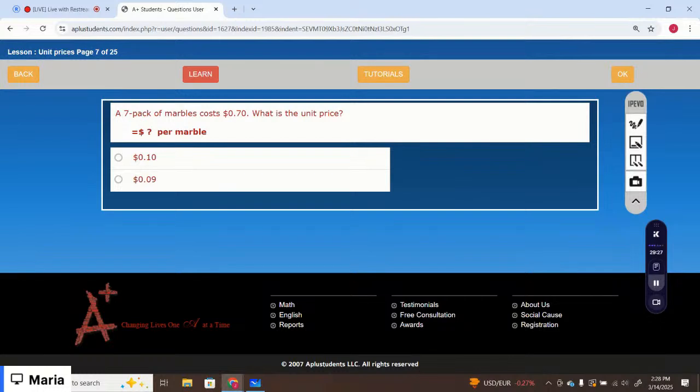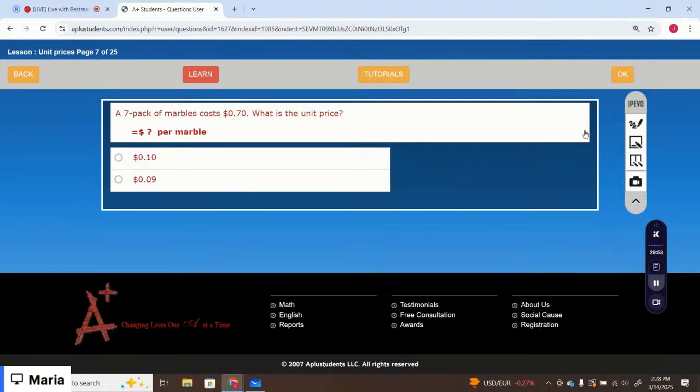A 7 pack of markers costs $0.70. What is the unit price? Which is the correct option? That is 0.10.